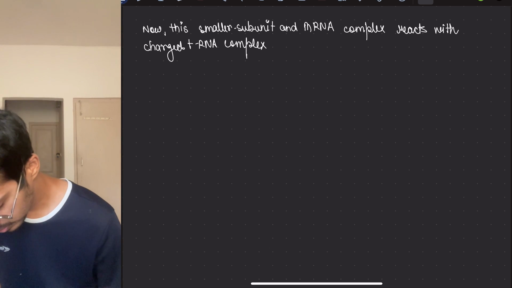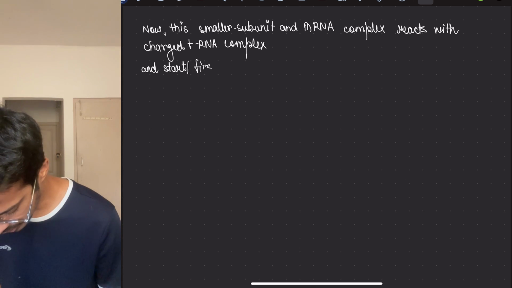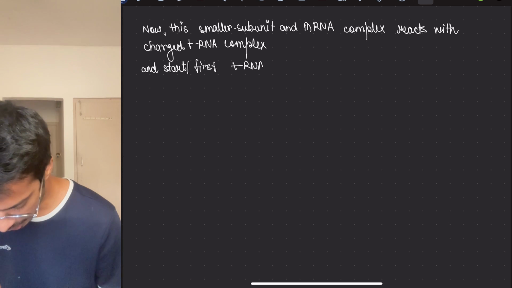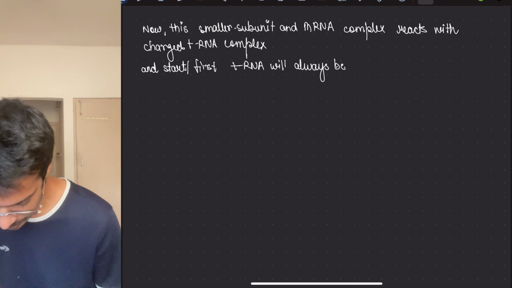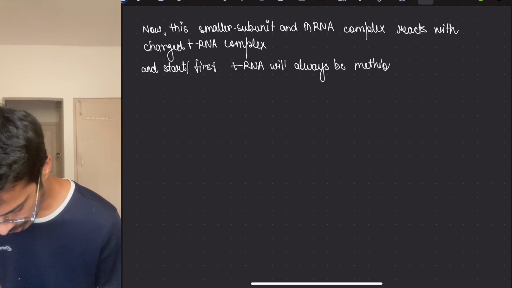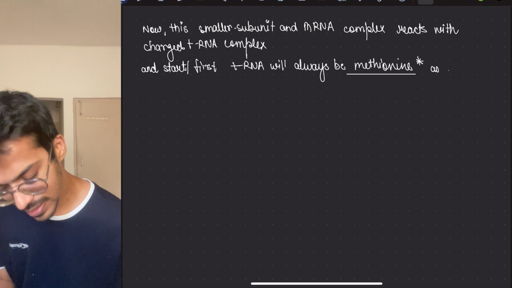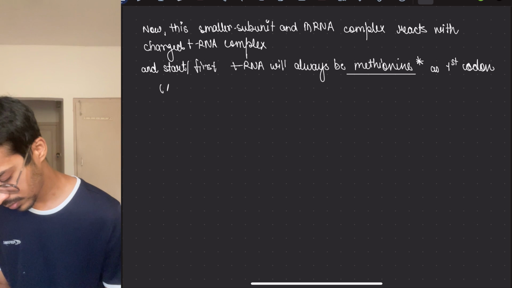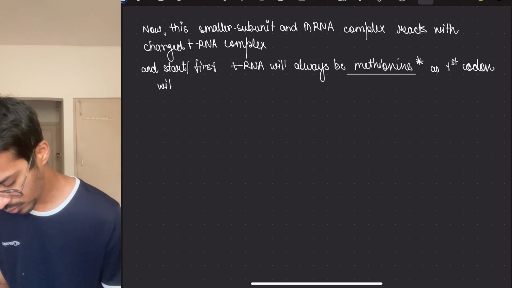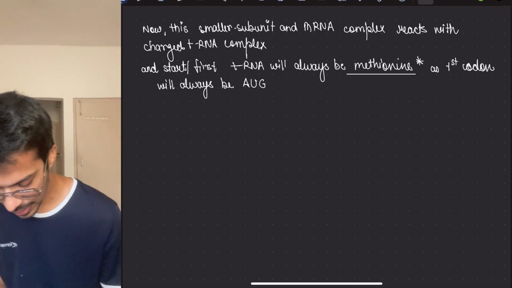So the start, the first tRNA will always be methionine, as the first codon will always be AUG.